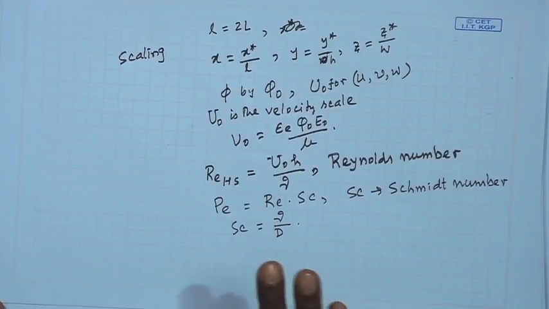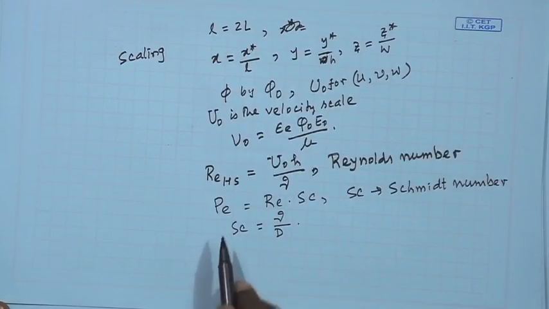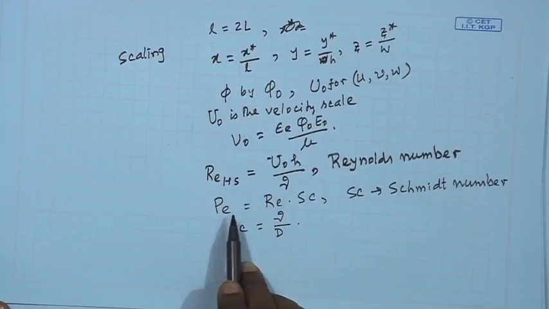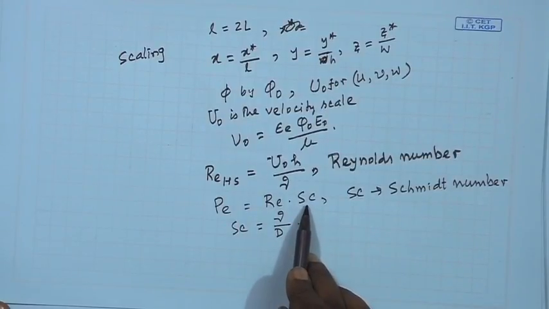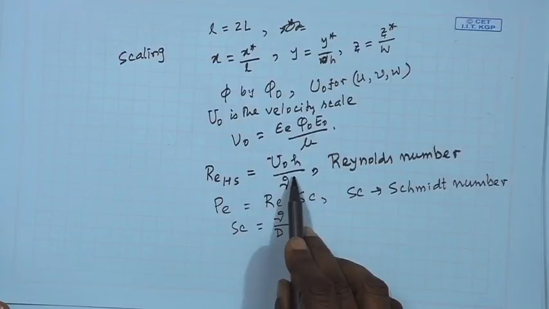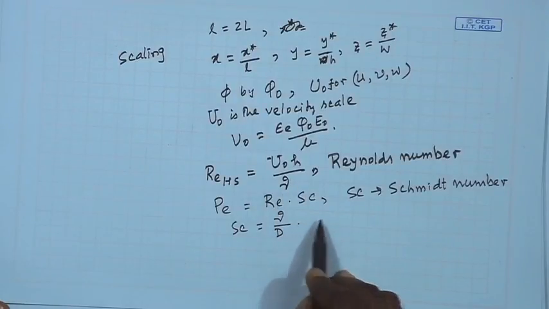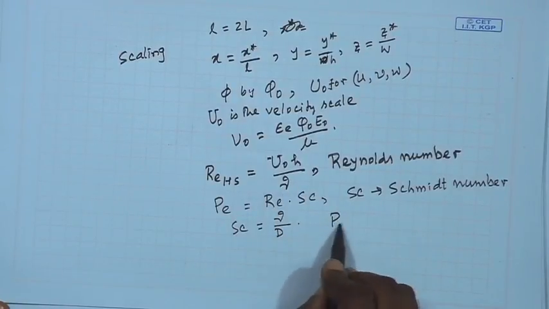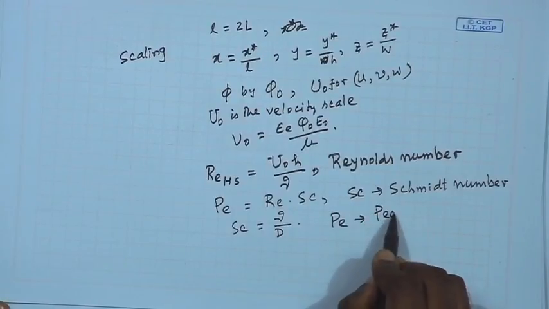If we do not assume that, no harm, we will have different Peclet numbers, because the Schmidt number will change. However, this remains constant, and this P is the Peclet number.